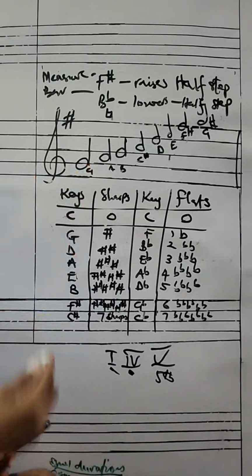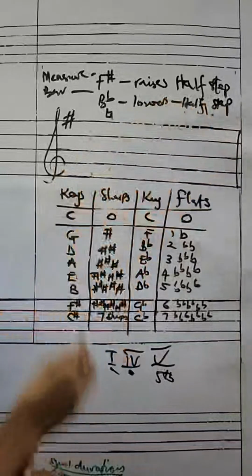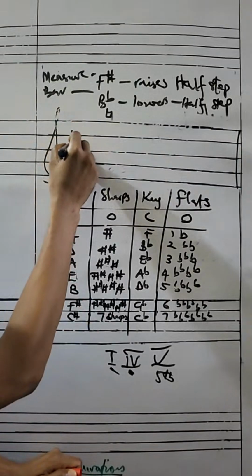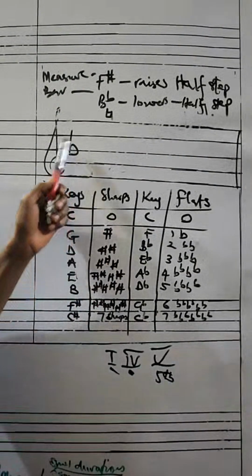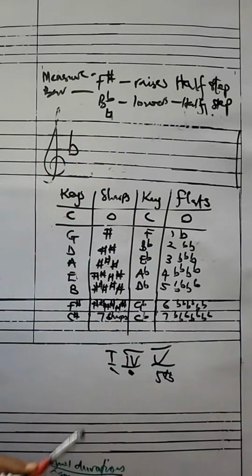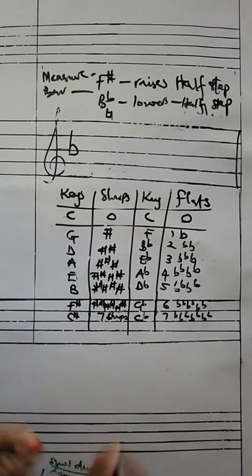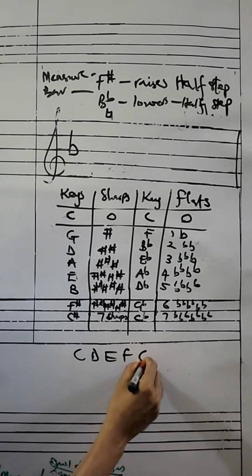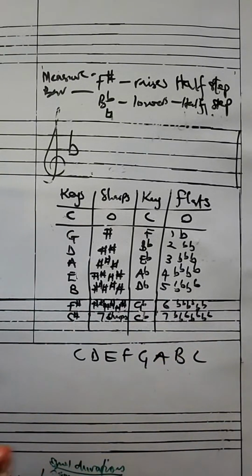Now, let's go to the scale that has 1 flat. And I'll also show you this. The scale that has 1 flat is your F, right? 1 flat is F, and the note that is flattened is your B. Counting from C, C, D, E, F, G, A, B, C, right?